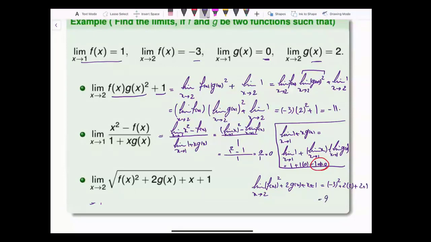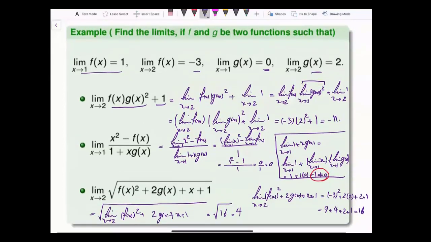And this is 9 plus 4 plus 2 plus 1, and that is 16. When you have 16 like that, it is positive and it is a number I can put there, so that will give me the green light, and I can take the limit inside the root and then find the root of that.